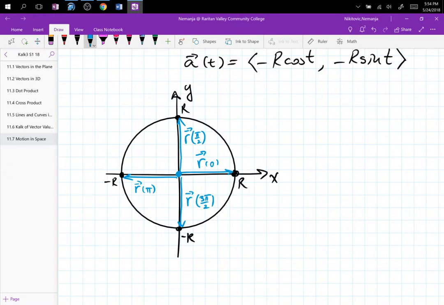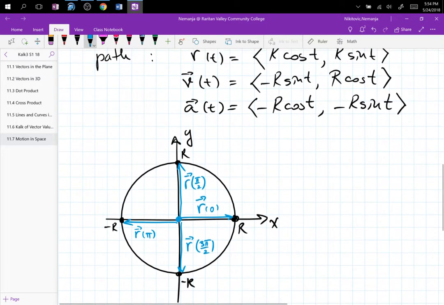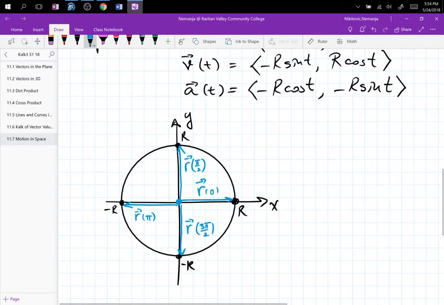Then you have the velocity one. Well, that better have something to do with our tangents. And it will, because if you observe the vector, you have r sine t, so at 0 you are getting 0 and then r. So let's use a different color.